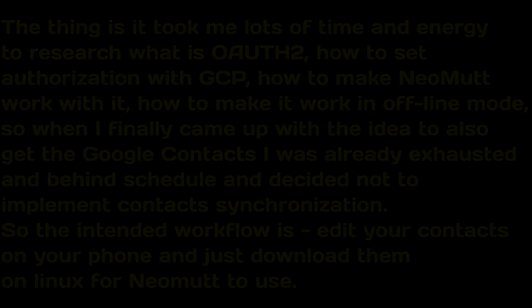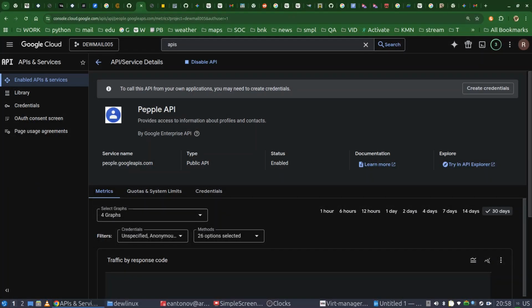The only thing which my code will do is just download your Google Contacts and upload them to the contact book which NEOMUTT uses.